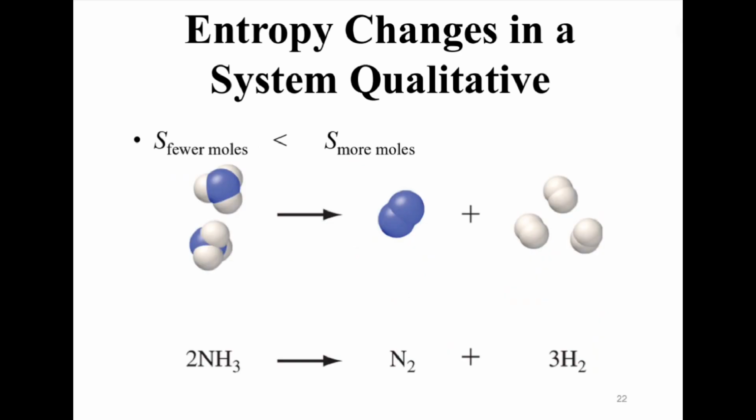Alright, now let us see entropy changes in a system where you have different number of moles ማለት ነው. So if a system has more moles, the one that has more moles will have higher entropy than the one that has fewer moles.